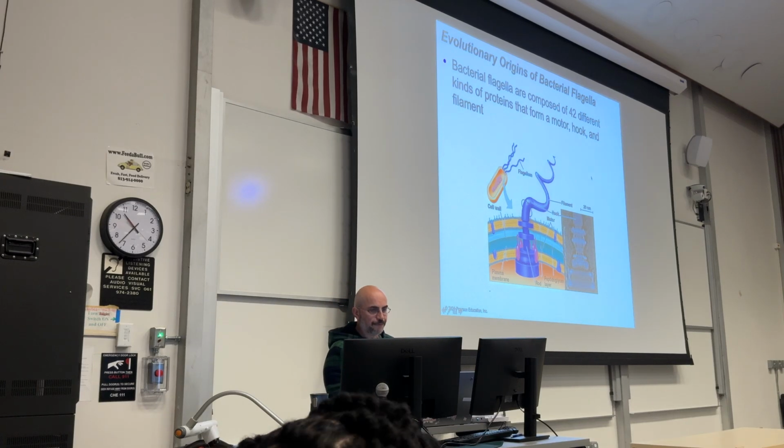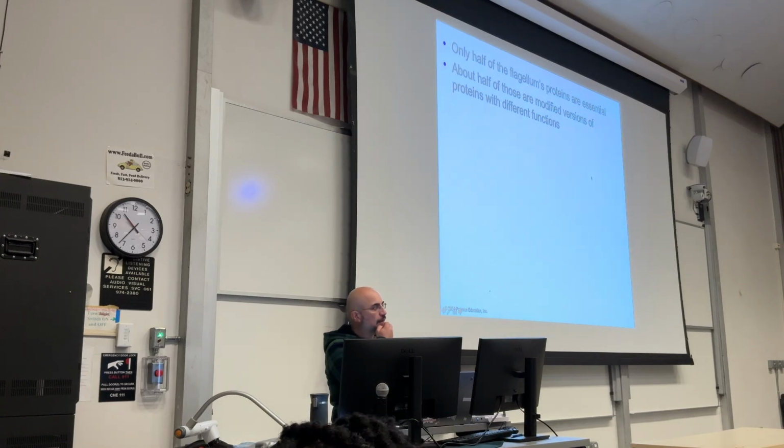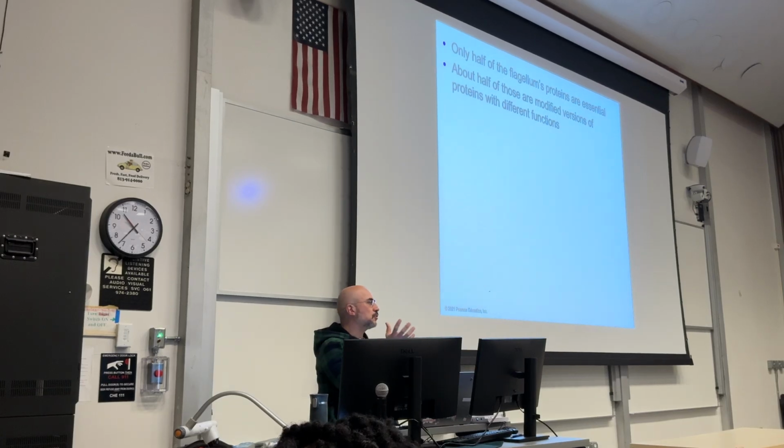Now, one interesting feature is that only half of the proteins in that flagellum are really essential. The others can be removed and the flagella will still be working, but that is like a built-in self-structure in these microorganisms, okay?